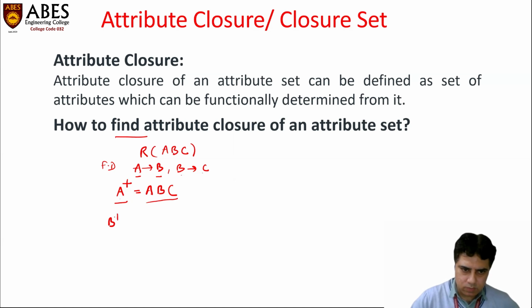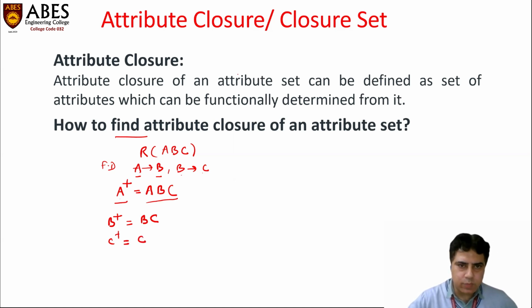If we need to find the closure set of B, then B can be determined, and from B we can determine only C. Now, the closure set of C, we can determine only C. So attribute closure of an attribute set is defined as the set of attributes which can be functionally determined from it.